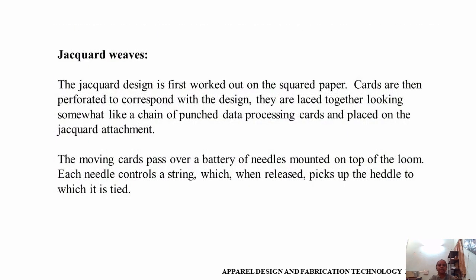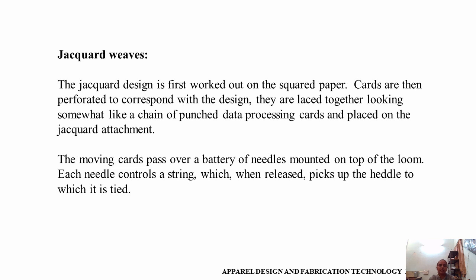Next is the jacquard weave. The jacquard design is first worked out on squared paper. Cards are then perforated to correspond with the design. They are laced together looking somewhat like a chain of punched data processing cards and placed on the jacquard attachment.